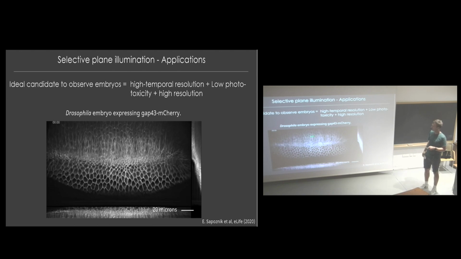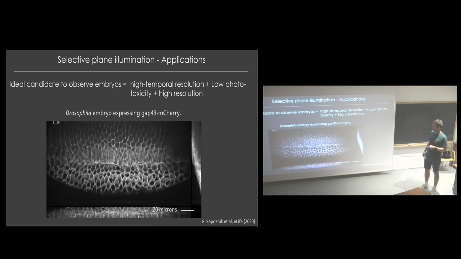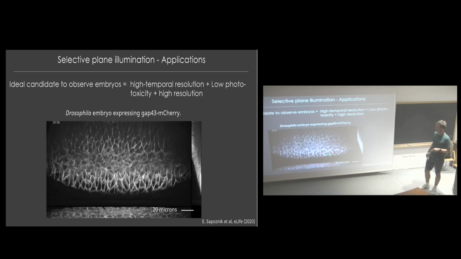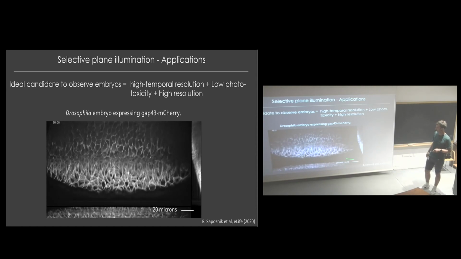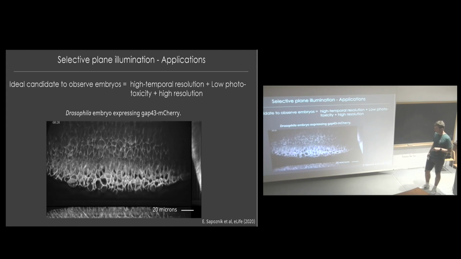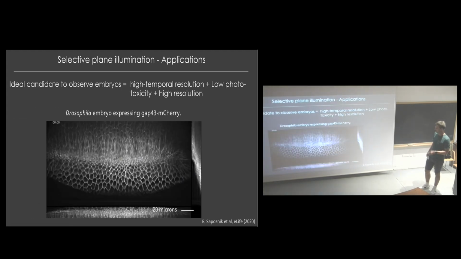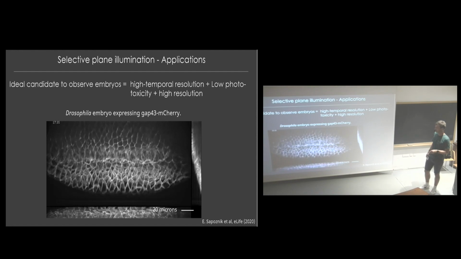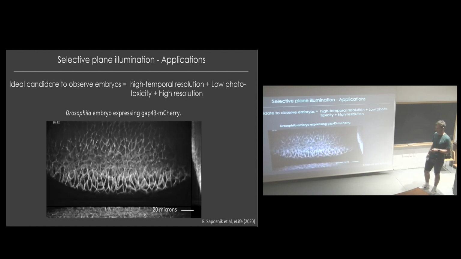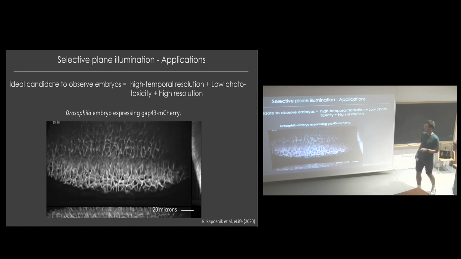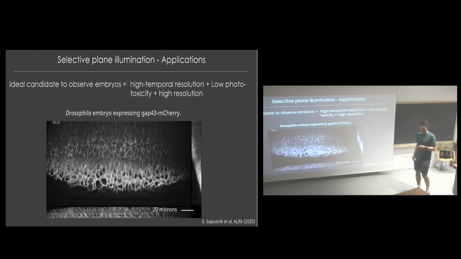So typically, if you take some embryos, you can have this kind of videos in fluorescence. So this is XY, and these are the projections. Basically, you have subcellular resolution, and you have a nice temporal resolution. And this, you can run it for hours and hours. There is no phototoxicity, or a very small amount.